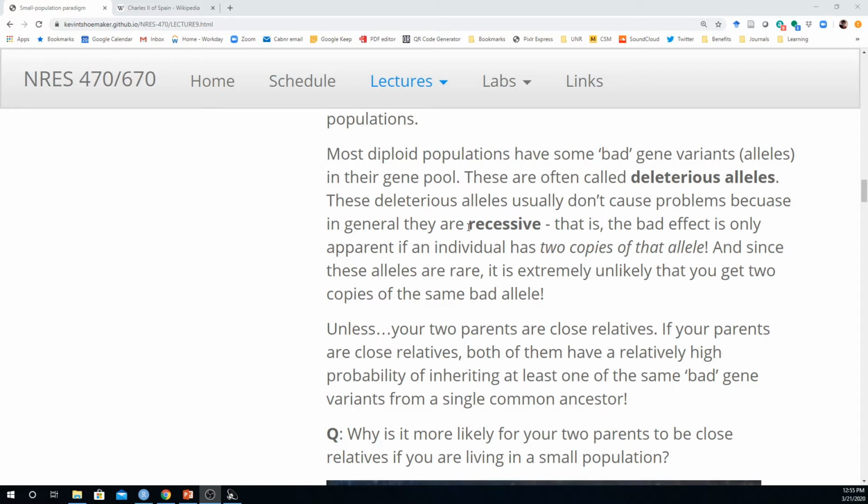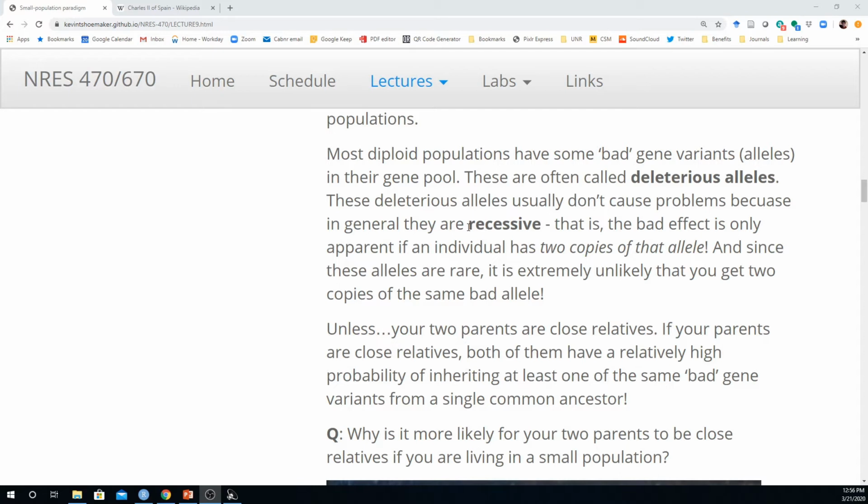And since these alleles are rare and you have random mating in populations, it's just extremely unlikely that you get two copies of the same bad allele, or that you transmit two copies of the same bad allele to your offspring, unless your two parents are close relatives. If your two parents are close relatives, both of them have a relatively high probability of inheriting the same bad gene variant from a single common ancestor.